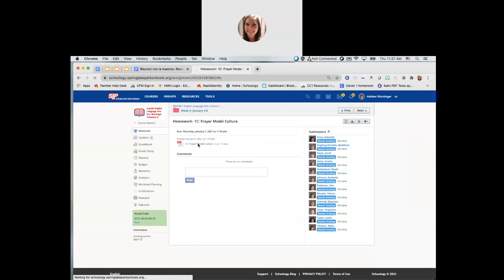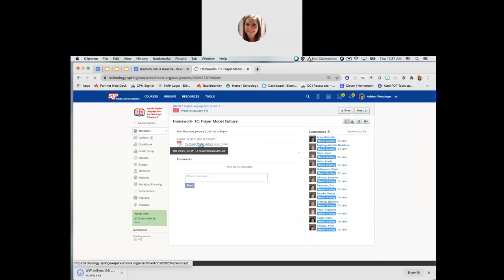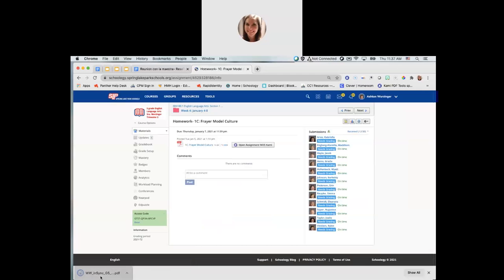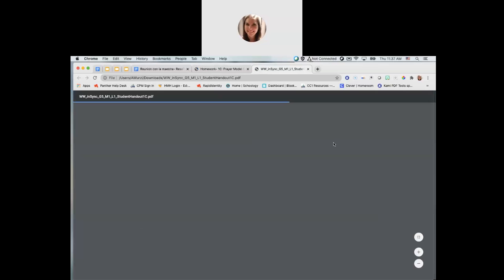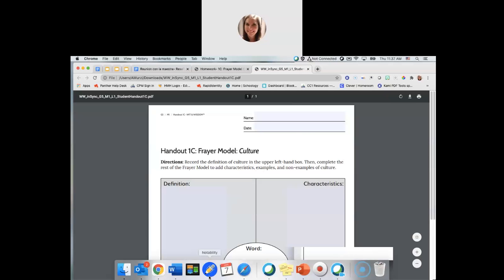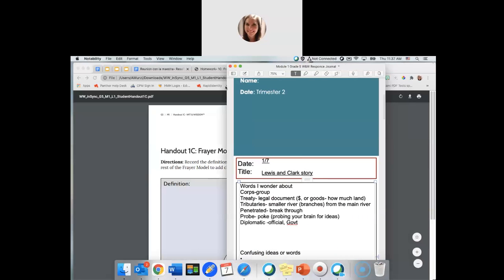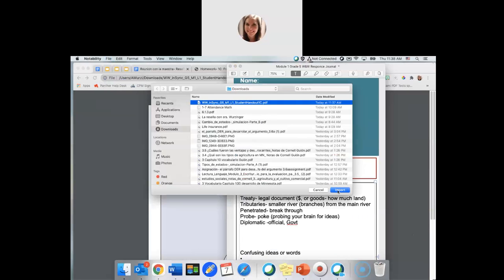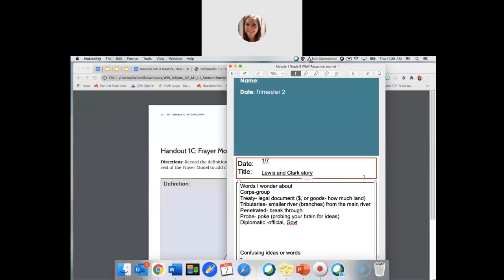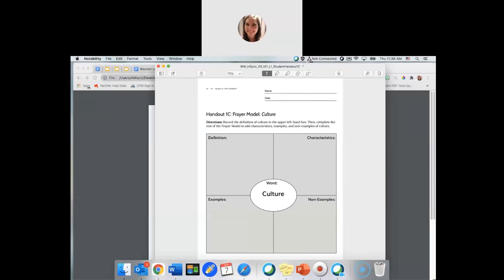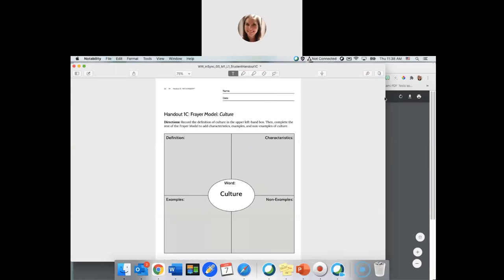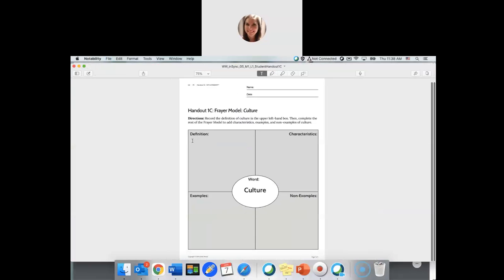We're going to start it together. And if you already finished, you can answer and change if you'd like to. So I am going to go to Schoology. And at the very bottom, remember, the best way to import this into Notability is to go down to our folder. Week 4, January 4th through the 8th. And it is Family and Culture Web homework.